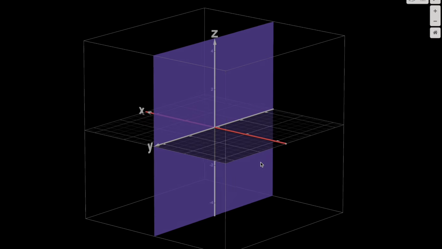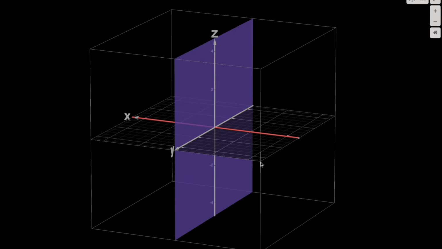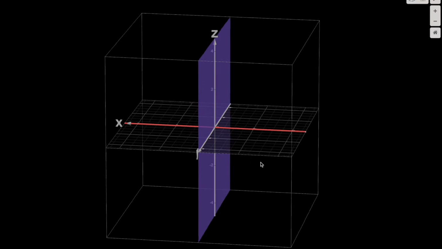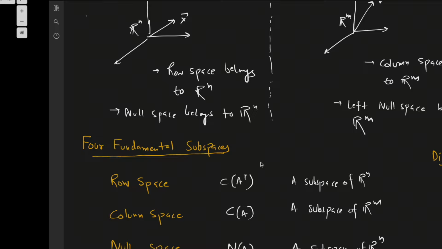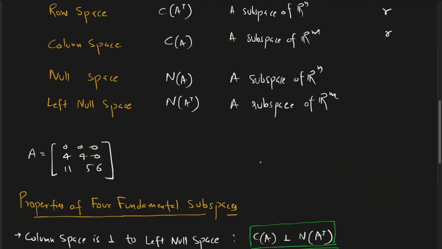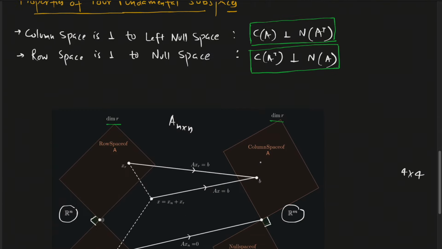So I can say that the column space and the left null space combinedly fill the entire output vector space, that is Rm. Yes, I can.